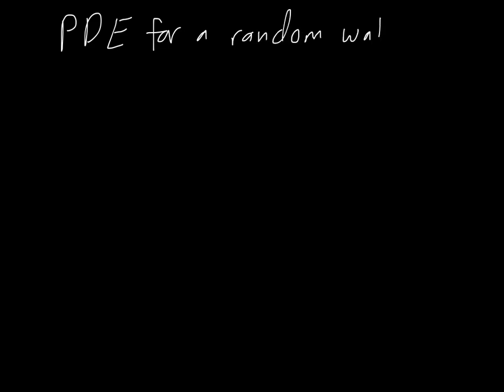Okay, welcome. This is the first of two talks, and this first talk will work on deriving the PDE, or partial differential equation, for a random walk in one dimension. And what do we mean by random walk?